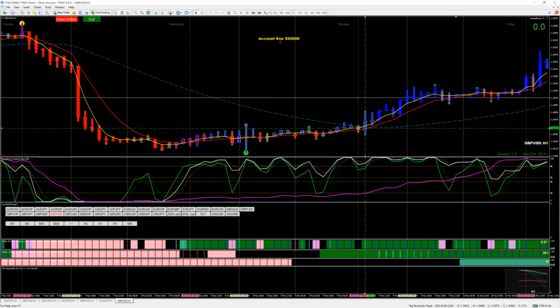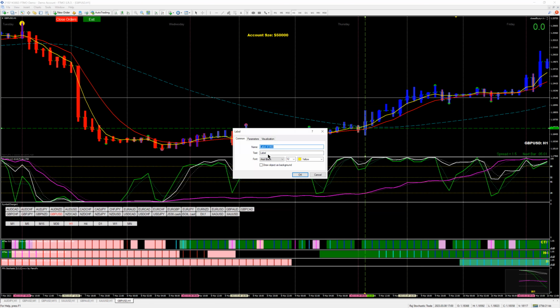So on a $50,000 account, my max lot size can be, for 200,000 is 20, so this would be 4 lots.